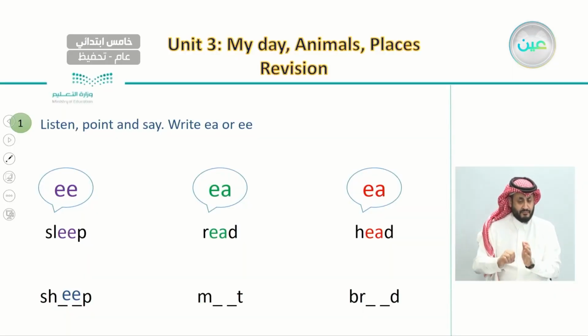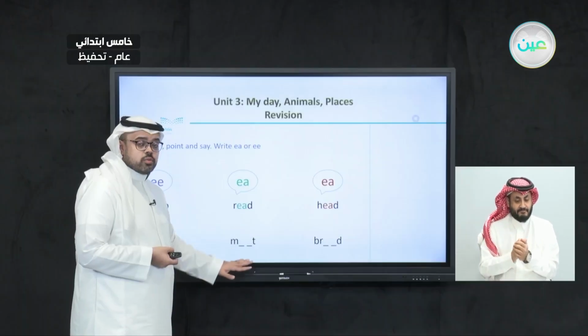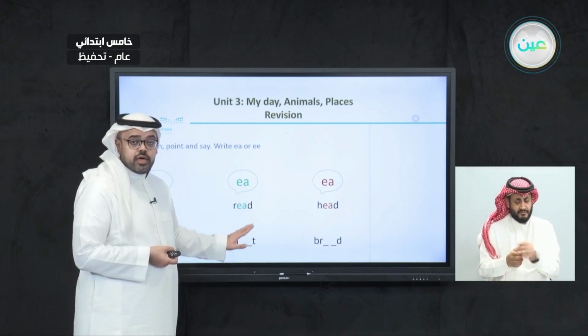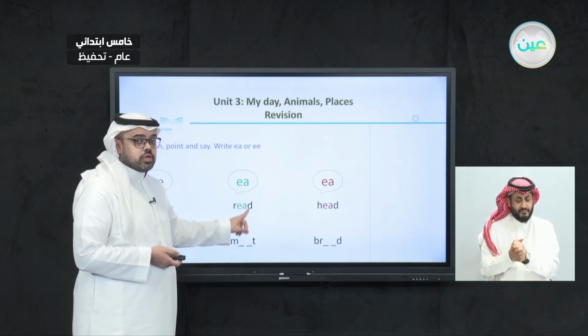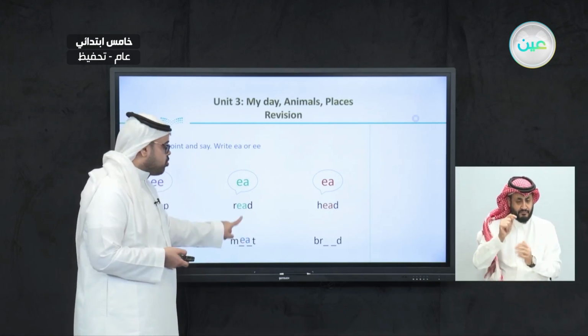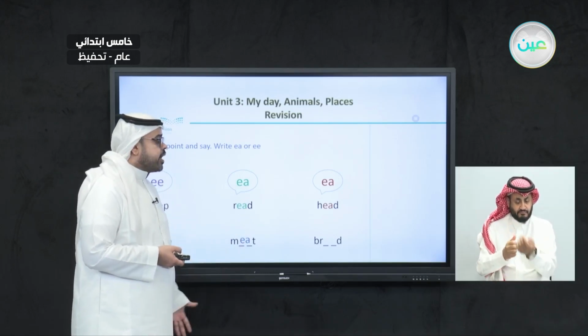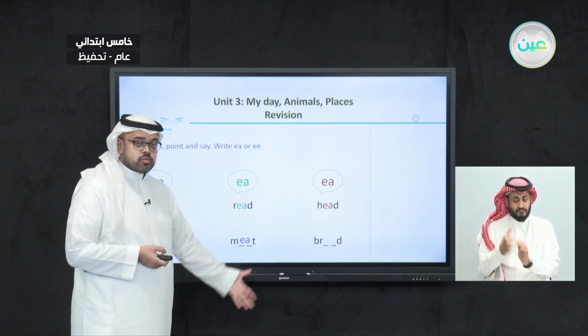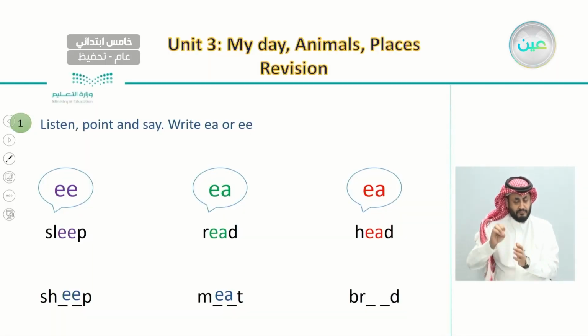Now let's listen to the second sound, which is read. The word below must have the same sound. Read, meet. And with the last one as well, we must have the same sound. The first one is head, the next one is bread. Head and bread.